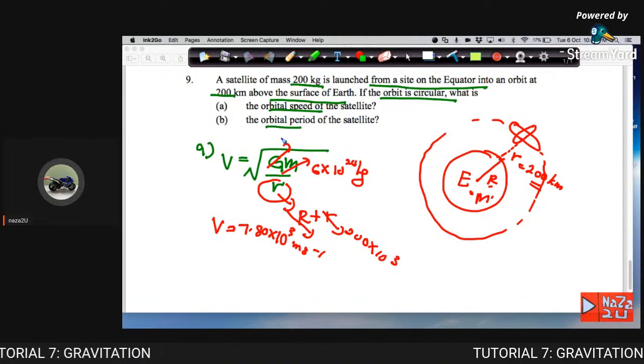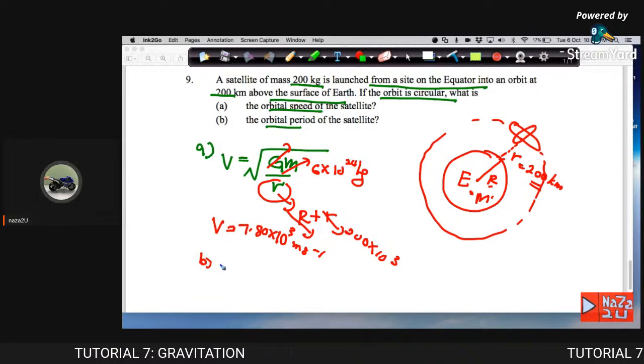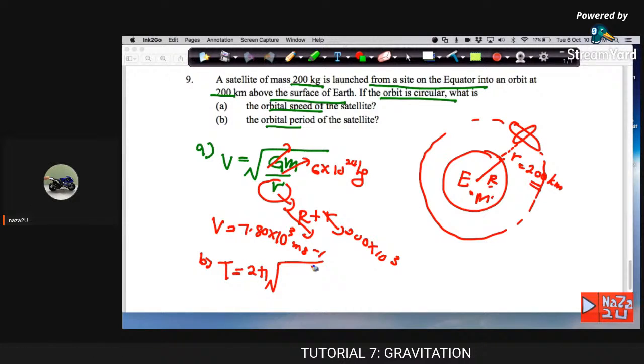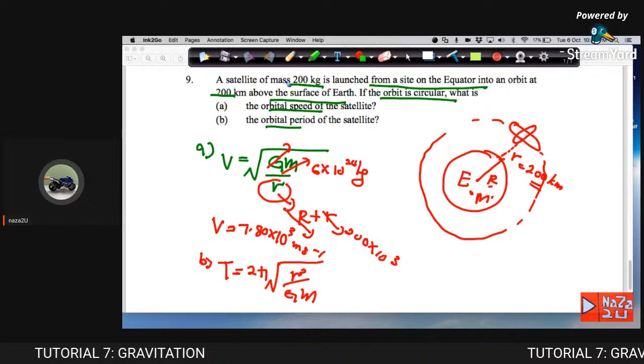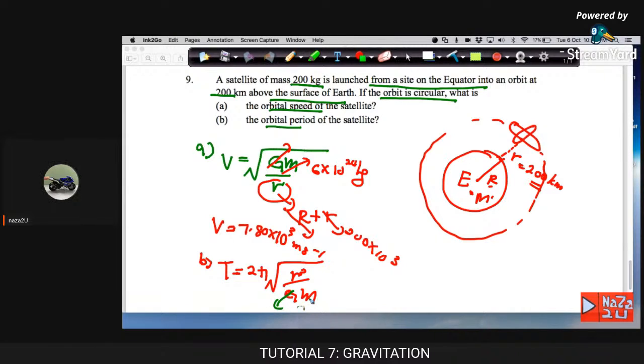Okay, so the next is the orbital period. This is number B. For the orbital period, we have 2 pi square root of R cubed divided by GM. Same process here because all the items here are constant. The mass of the Earth is also constant.